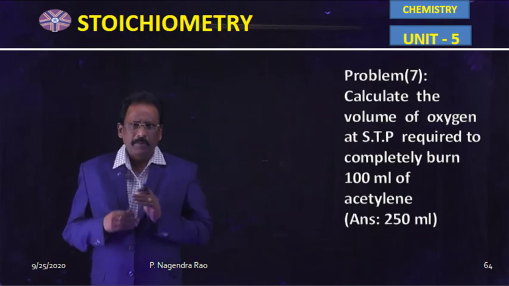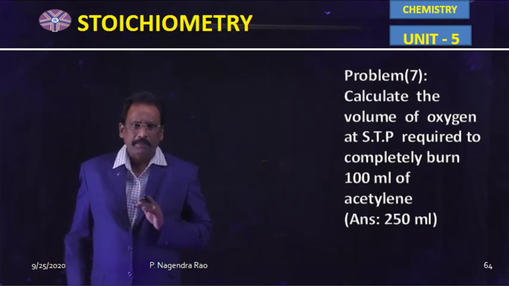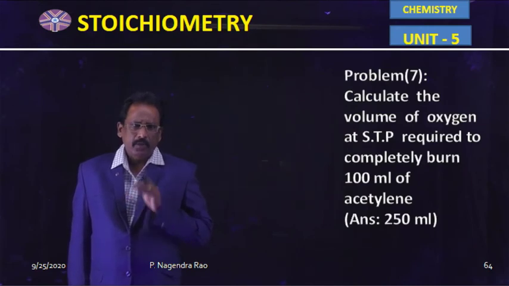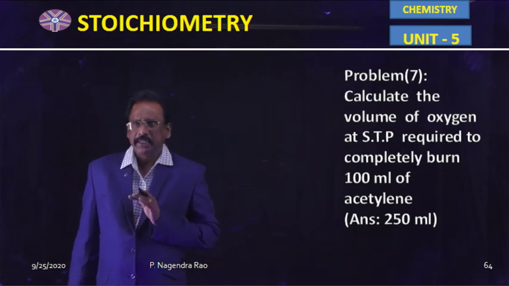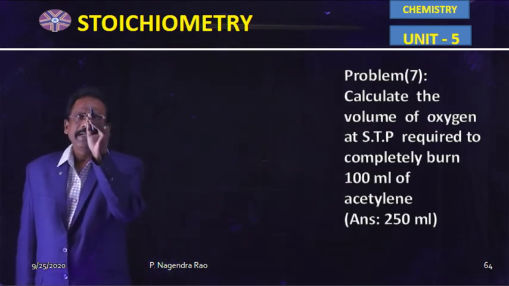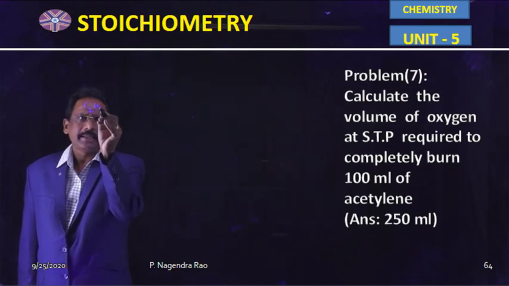And the next problem is: calculate the volume of oxygen gas at STP required to completely burn 100 ml of acetylene gas. Now write the combustion reaction of acetylene gas.